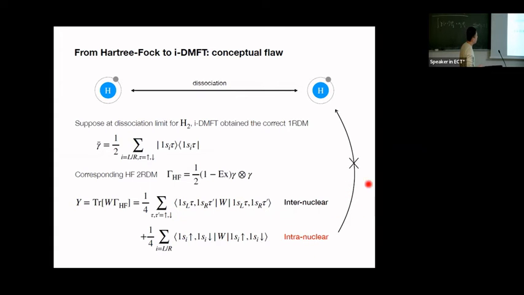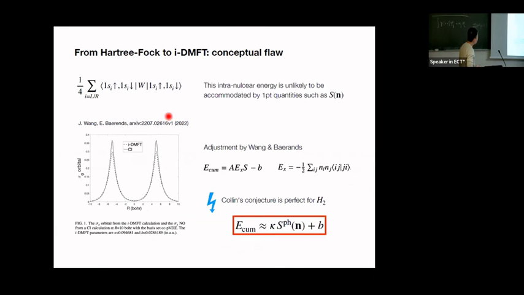And this is in direct contradiction with the situation that your molecule is dissociated and each atom only has one electron there. And this discrepancy is a two-particle effect, and it's unlikely to be canceled by a one particle quantity, such as the entropy of the natural occupation numbers. And after we put these results on arXiv, the authors actually wrote a very nice reply. And they also show that if you compare the orbitals obtained by IDNFT to the full CI solution, of course, they look different.